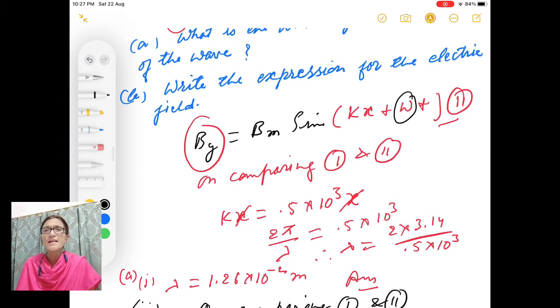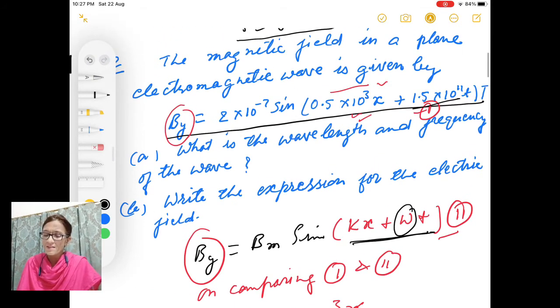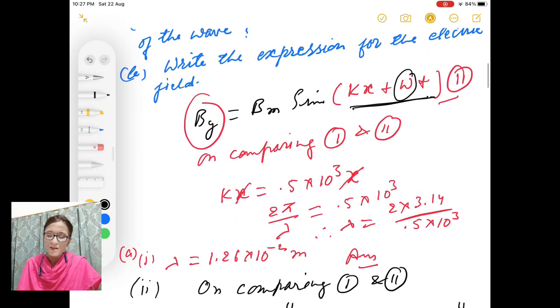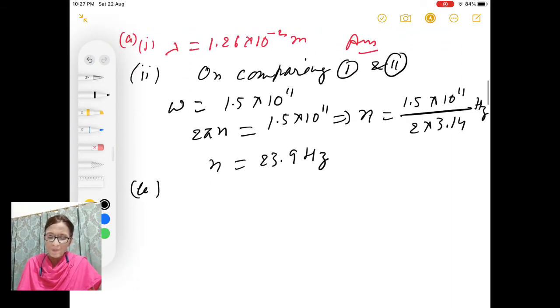For writing the expression for electric field, you know that in an EM radiation, the phase is the same. The same value you will write in the expression of electric field in place of phase. So you have to obtain only the electric field amplitude.